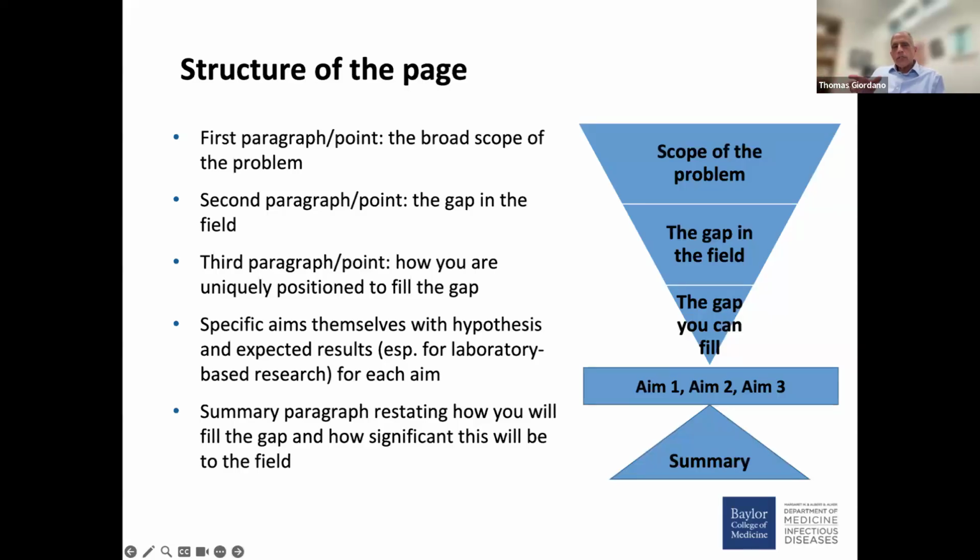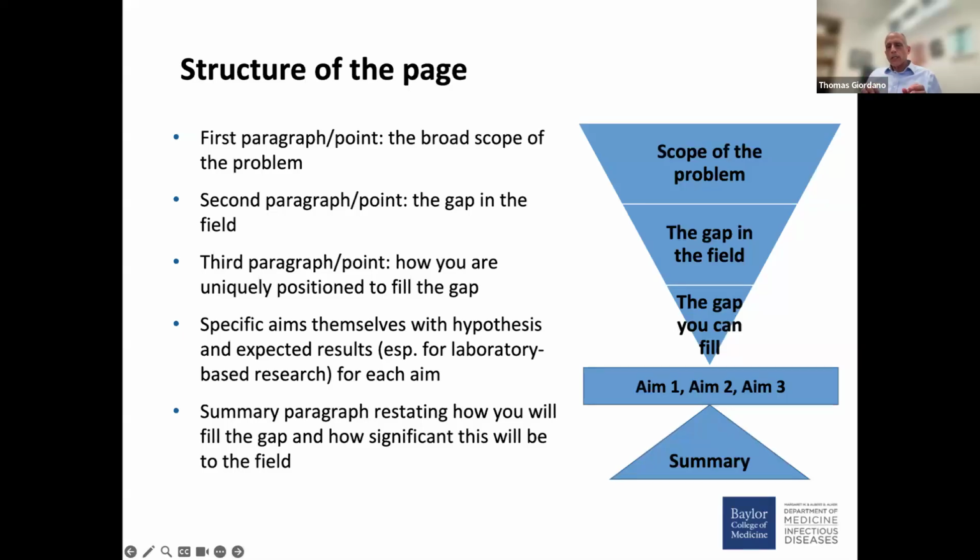The next point is the gap that you're going to focus on. HIV is a big problem, right? So great. But what's the gap you're going to hone in on? You can't study all of HIV. Where's the scientific gap, the gap in the field? That's a narrower statement than the entire scope of the problem. And then the next point is actually a critical point.